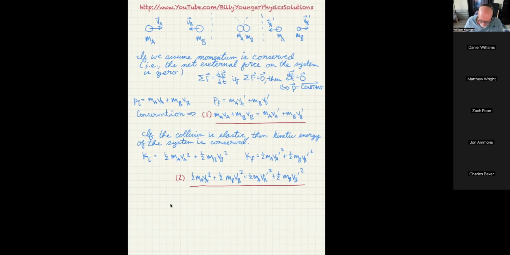The nice way of looking at this is we're going to get all the A velocities on one side.